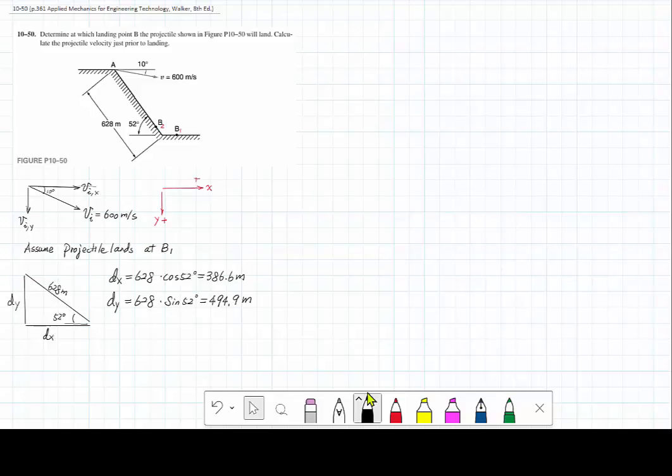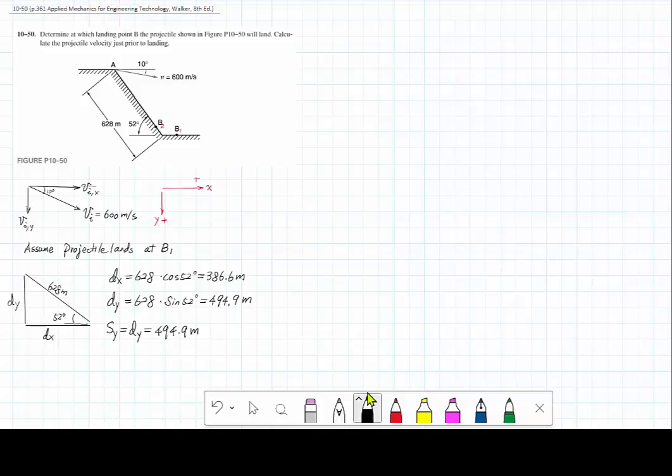Now, when landed at B1, the y direction displacement of the projectile motion should be the same as this distance y here, and it should equal 494.9 meters. And I'm going to use the standard projectile motion equations here for the y direction.